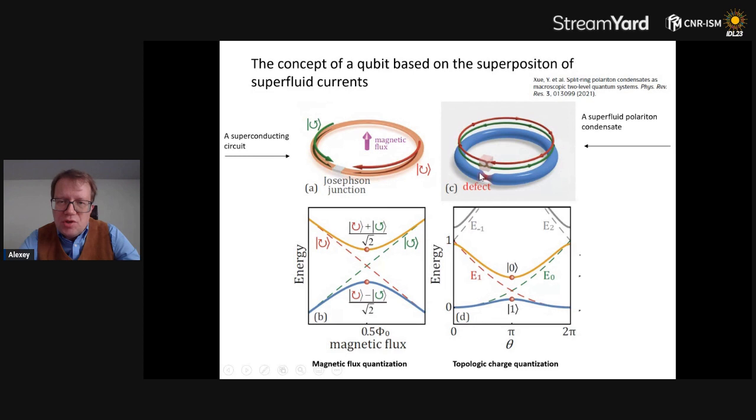And these two solutions are degenerate, but this degeneracy can be lifted because of this weak link. And again, you have two states which are superposition states of two superfluid currents, clockwise and anti-clockwise, and you can make a qubit.